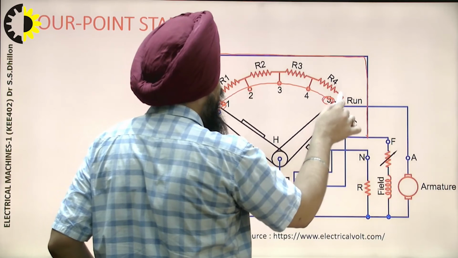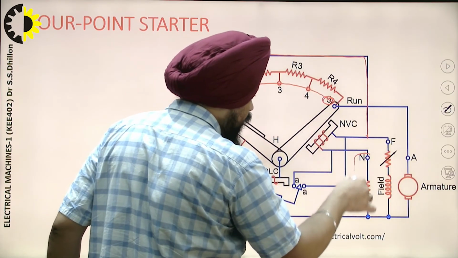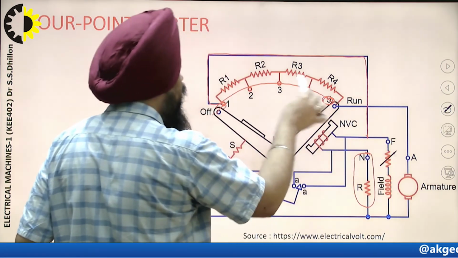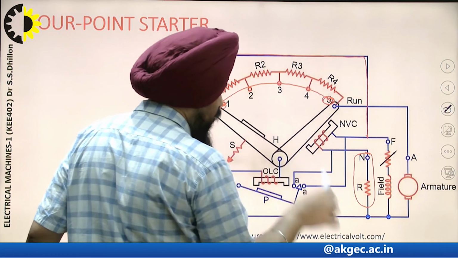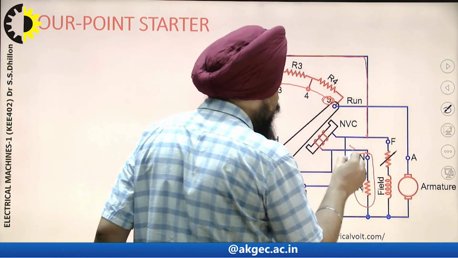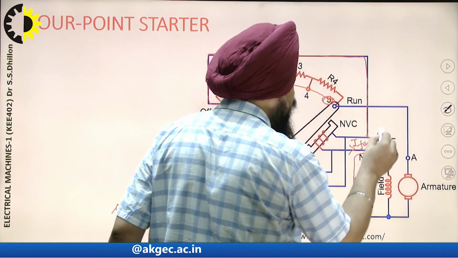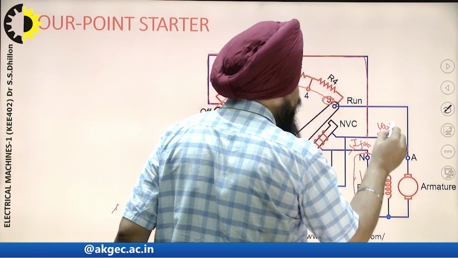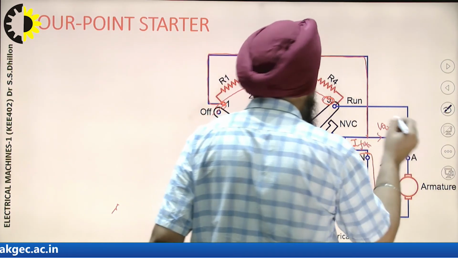Now the current through the field winding as well as through this coil sees the resistance R1 plus R2 plus R3 plus R4, along with this R, but it is fixed. This current is fixed, or constant, but the current flowing through the field winding is variable.